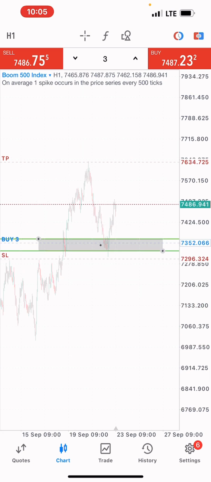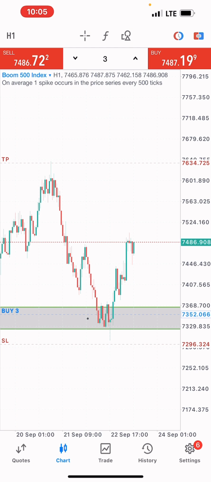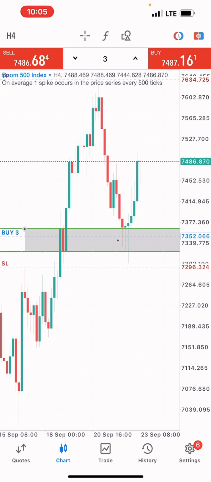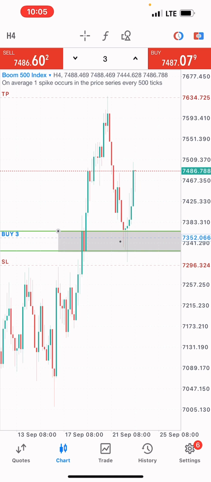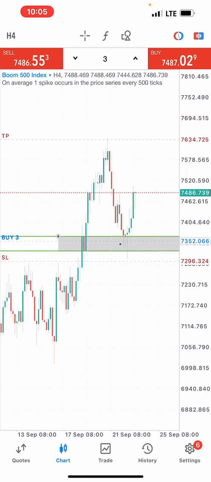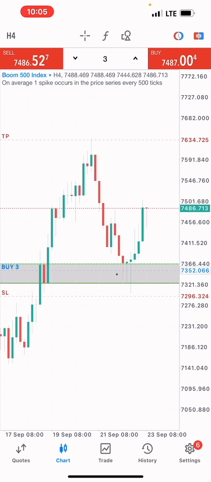The reason why I use that area is that this is the 4 hour order block. An order block is more like a demand zone. What happens is the market came to that area, tested it, and even tried to break below it, but it couldn't, because our stop loss was just below that area.